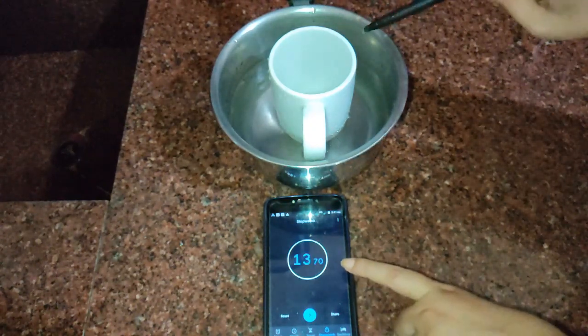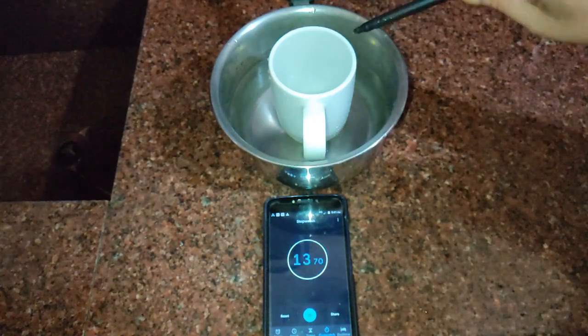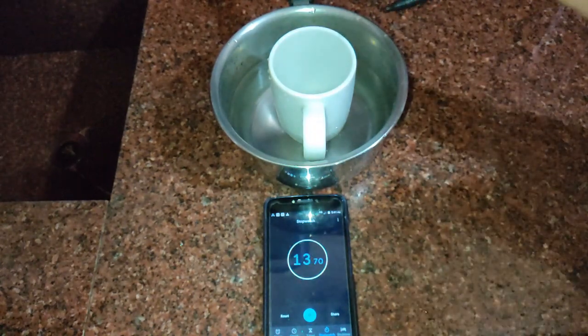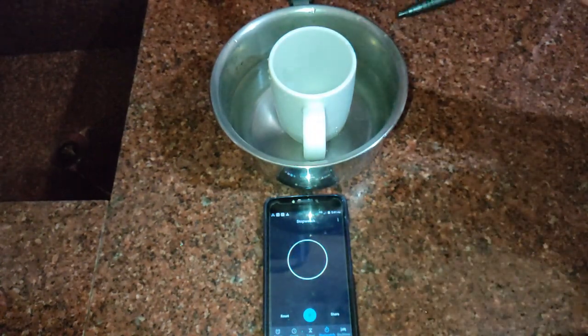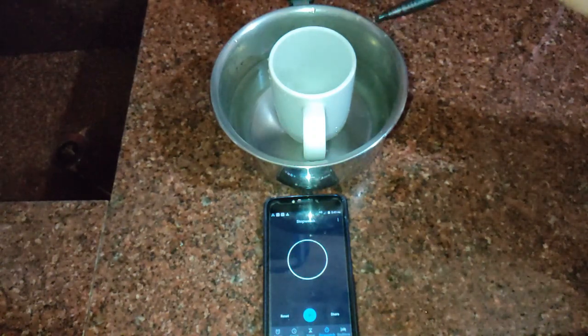The time that is blinking over here is 13.70. So that means almost the same time is required to fill the same volume of the cup. It means the amount of water coming out, or the volume of the water, or the rate of flow remains the same.